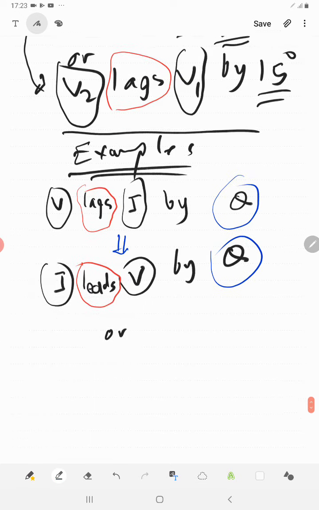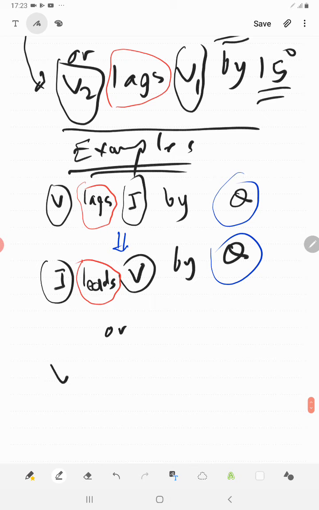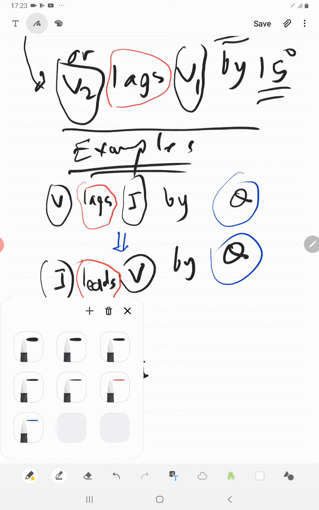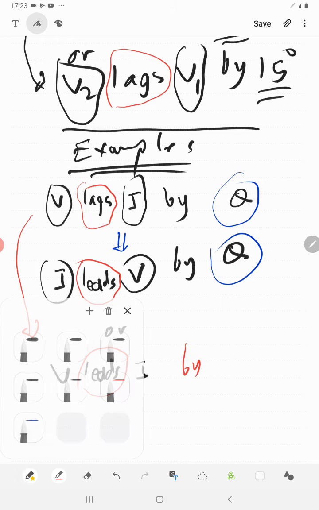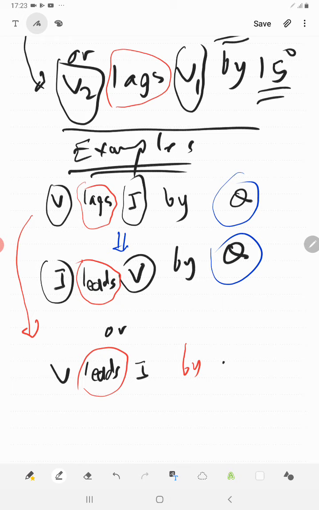Or we can say V, I leads. Here we did only a single operation: we changed lags to leads, but we did not swap V and I. The second operation we can make this way, by minus theta.